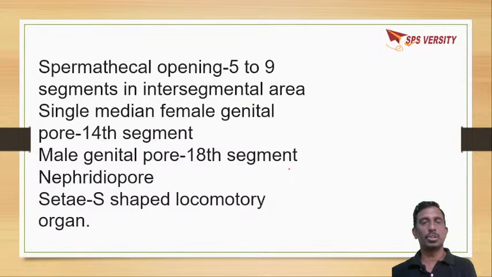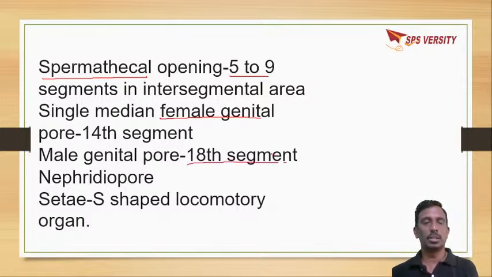In the morphology, we can see openings: in 5 to 9 segments, spermathecal openings are present. In the 14th segment, there is the female genital pore, and in the 18th segment, there is the male genital pore.